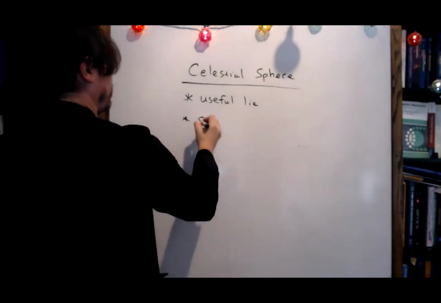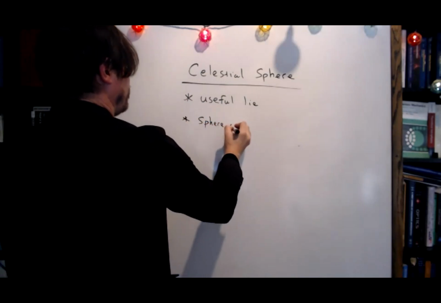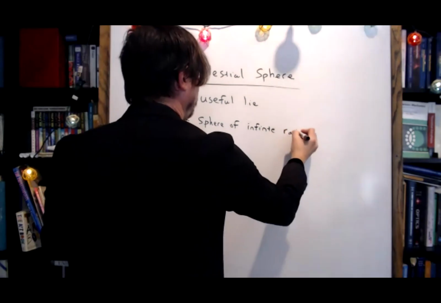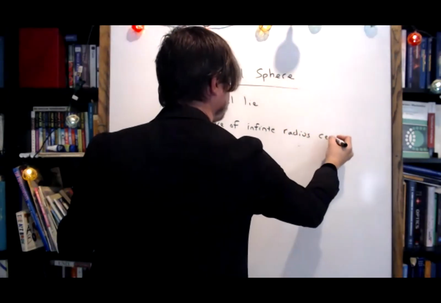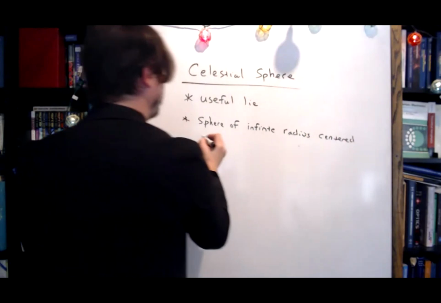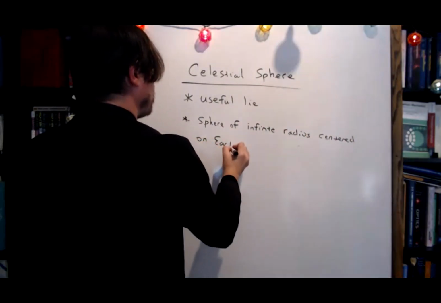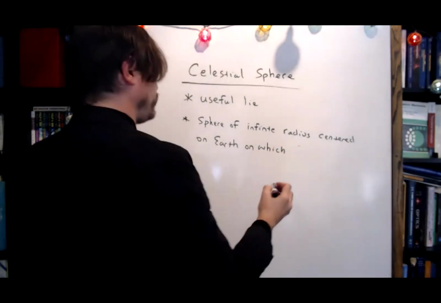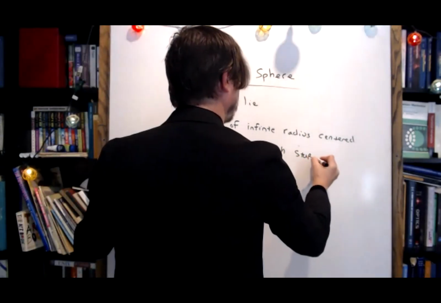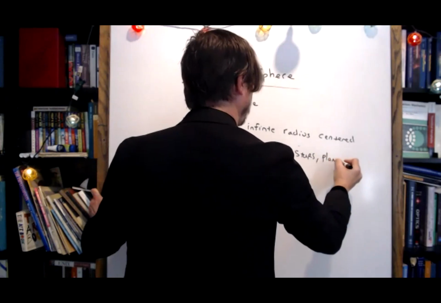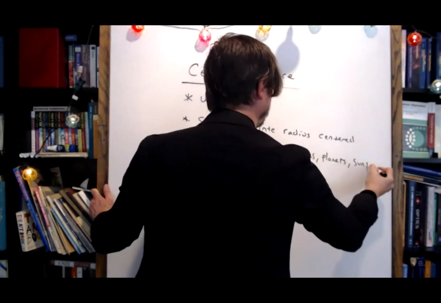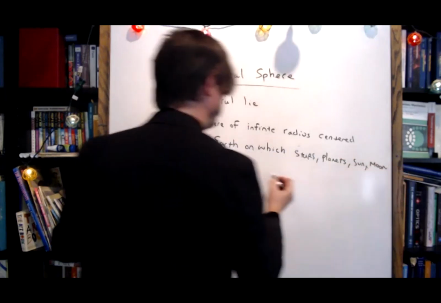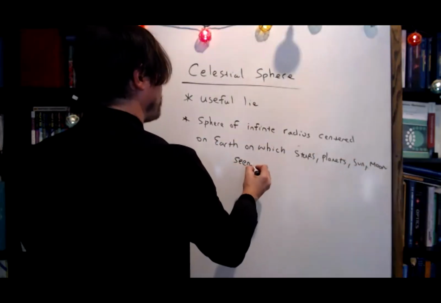It could also be thought of as a sphere of infinite radius centered on Earth, on which stars, planets, suns, moons, galaxies, anything you could imagine seem to rotate.